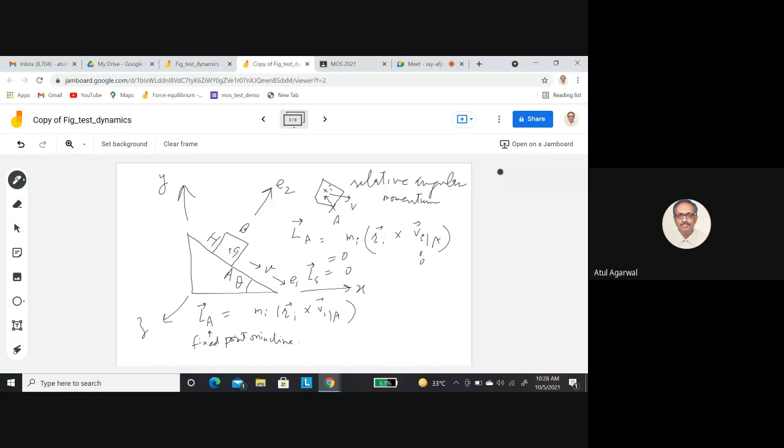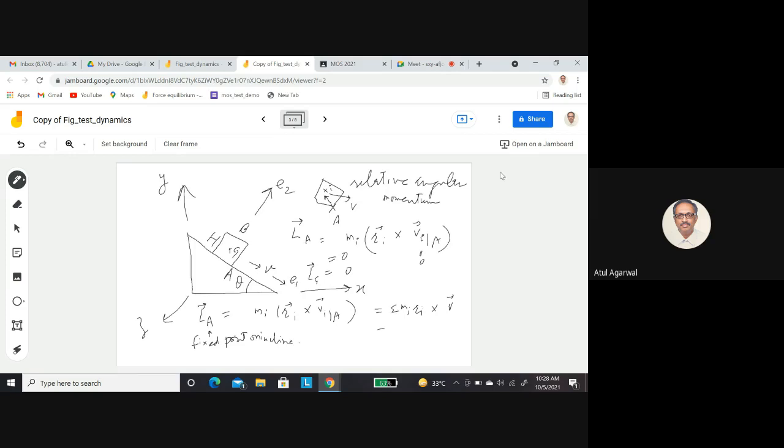Now you see the velocity of i with respect to point A on the incline. Since this block is having rectilinear motion, the block velocity is always constant. What is rectilinear motion? Pure translation. Every particle is having the same displacement on the body, otherwise it is not pure translation. So this is the velocity v with which the block is sliding.